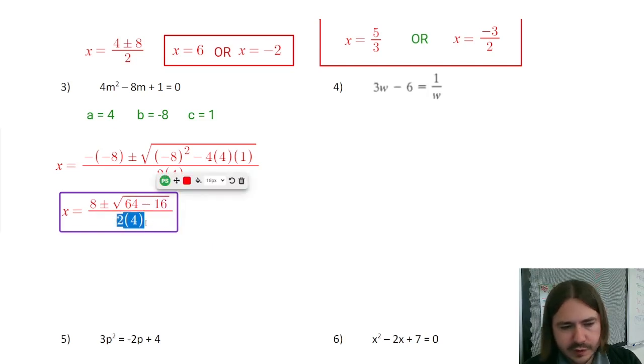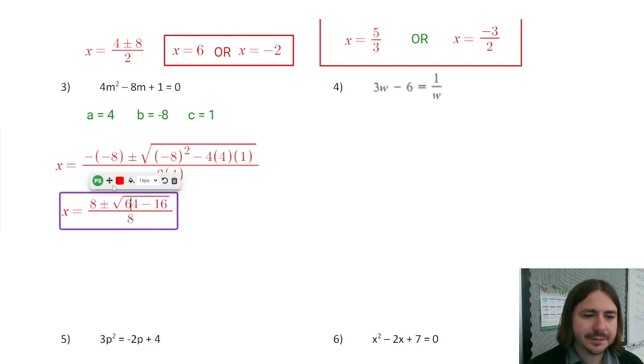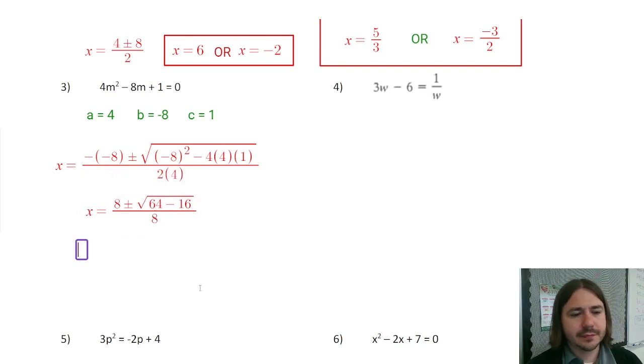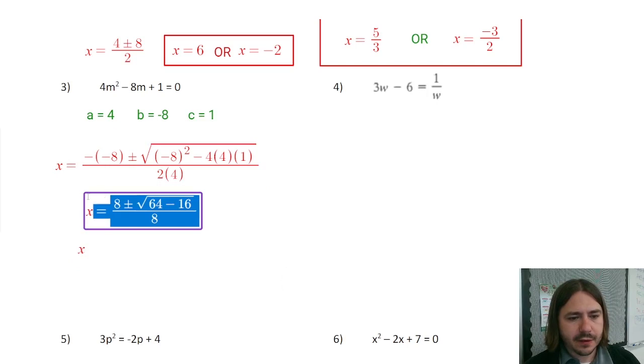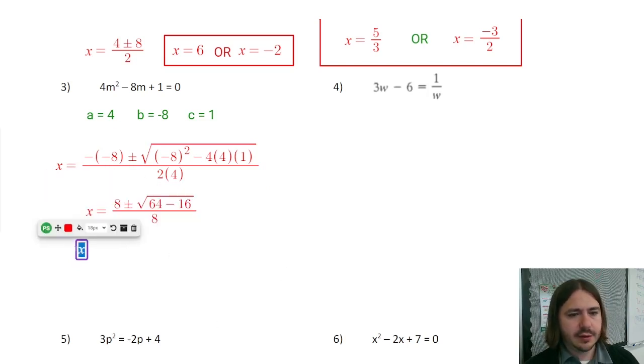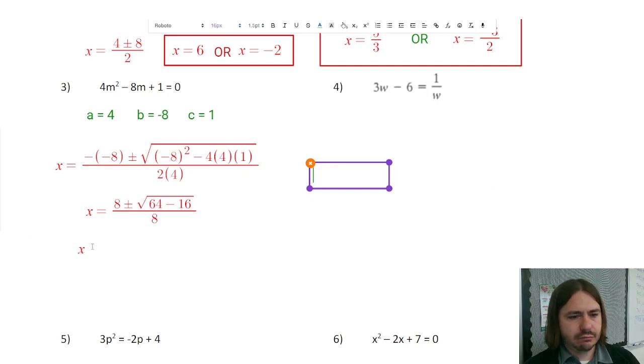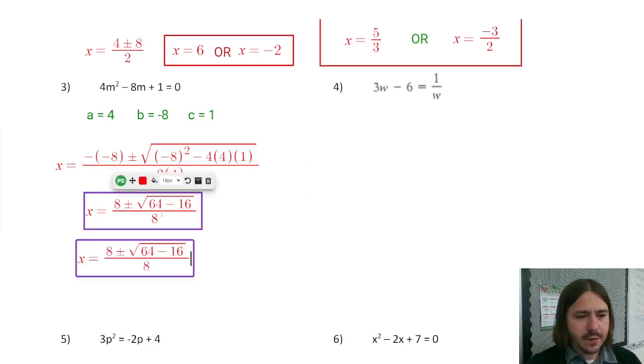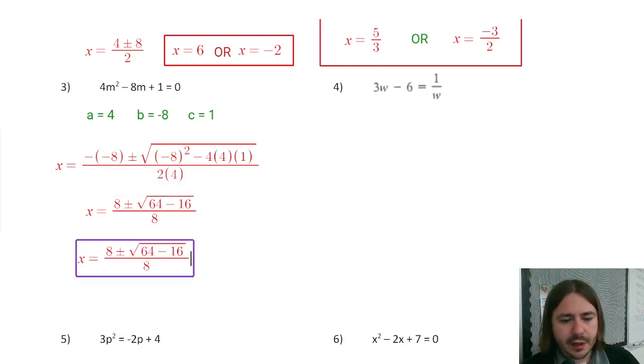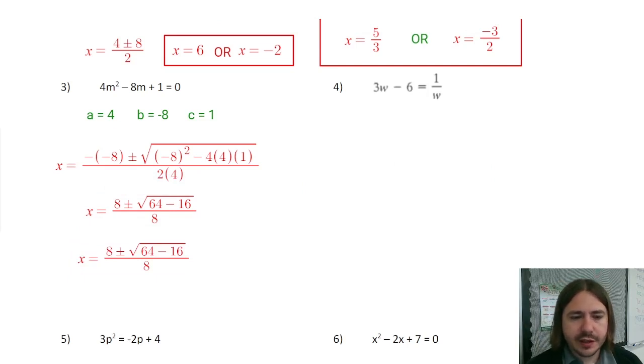And 2 times 4 is 8. Next up, we've got to do 64 minus 16. And 64 minus 16 is going to be 48.